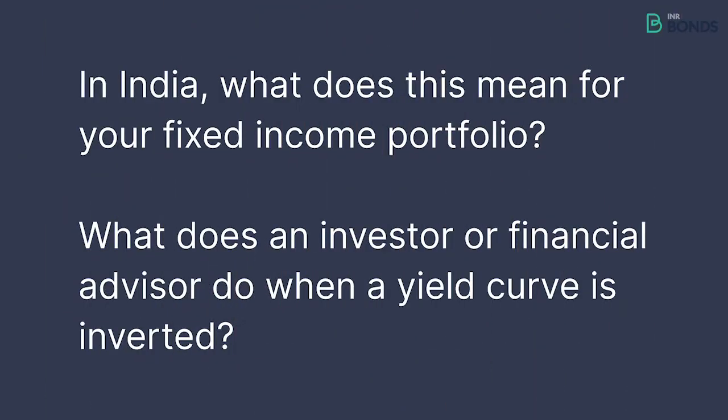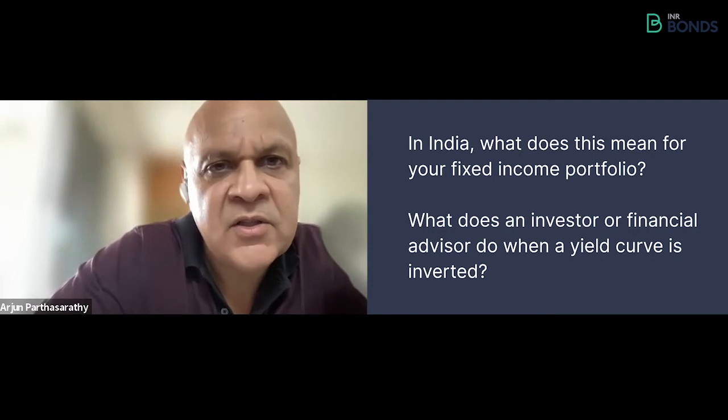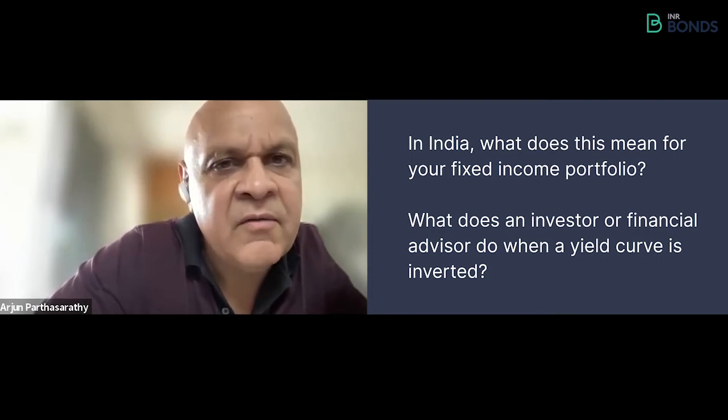Now, in India, what does it mean for your fixed income portfolios or for fixed income investors? And what does an investor or a financial advisor do when a yield curve is inverting? So the first aspect here is that there will be losses for investors who have already invested in products at the short end of the yield curve.